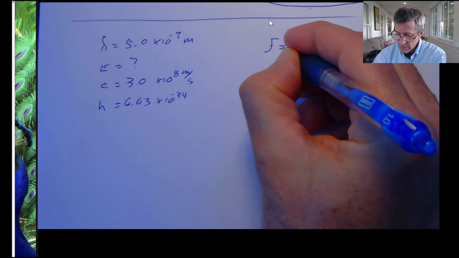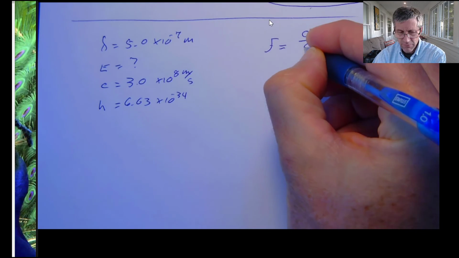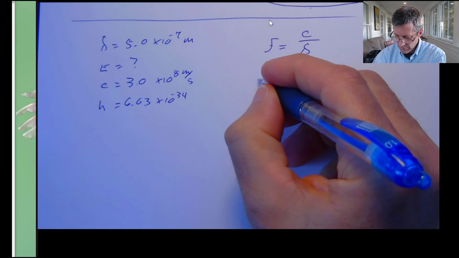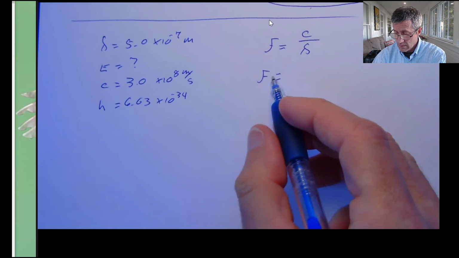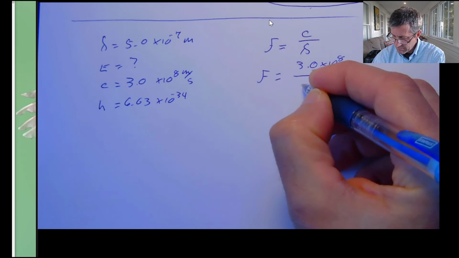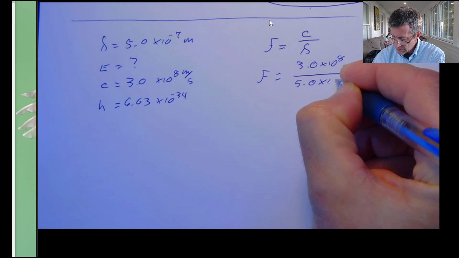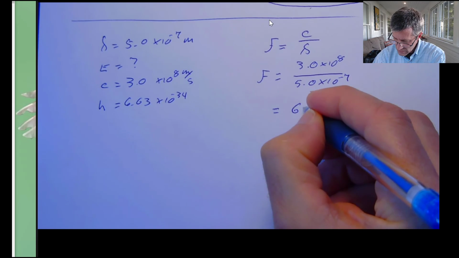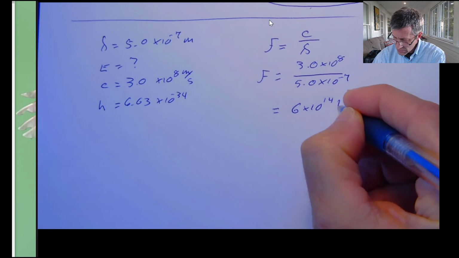To determine frequency, I need to take the speed of light and divide it by the wavelength. So I'm going to take 3.0 times 10 to the 8th and divide it by the wavelength, 5.0 times 10 to the minus 7. And I'm going to get a frequency equal to 6 times 10 to the 14 hertz.